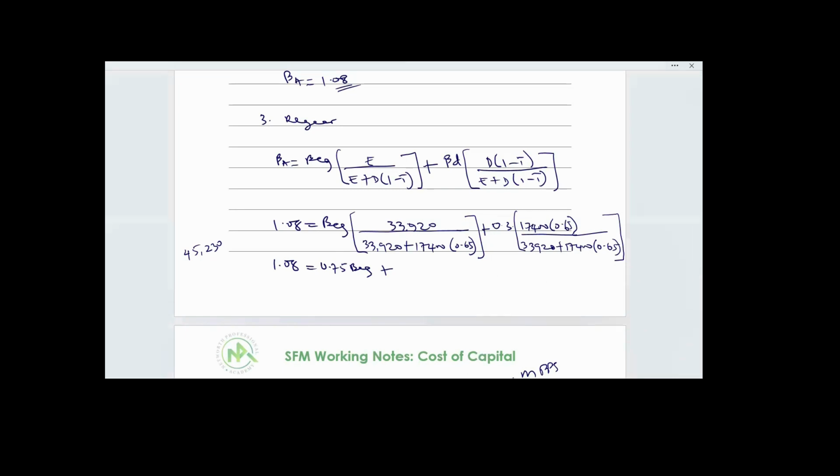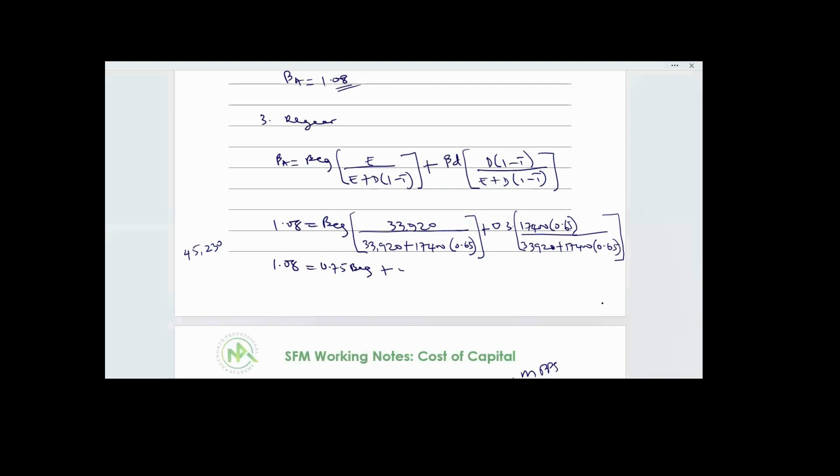So for the other side, I have 17,400 multiplied by 0.65 equal 11,310 divided by 45,230 equal, multiplied by 0.3 equal 0.075.